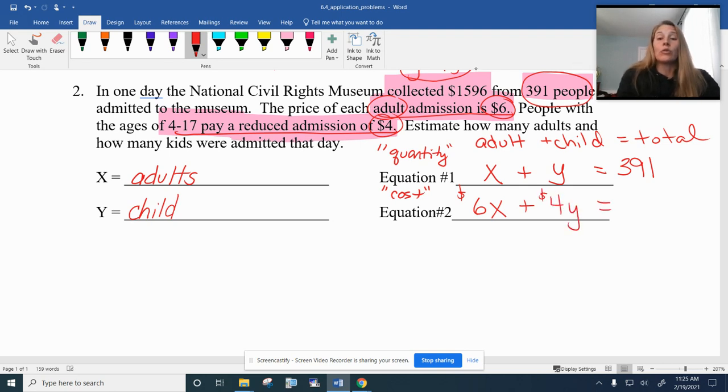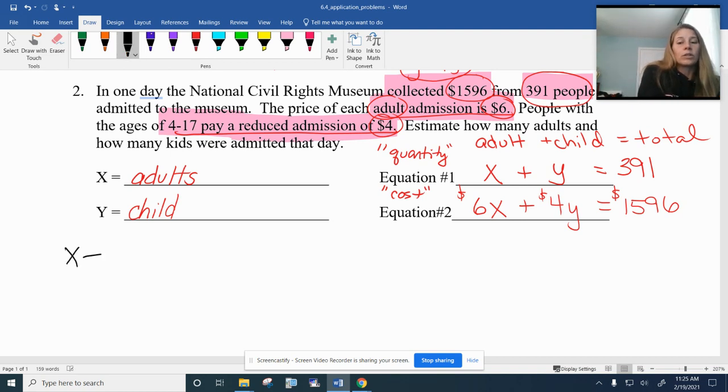And that's going to equal the total money collected because it has the dollar sign, so $1,596. So just make sure that the three numbers that have the dollar signs are all going to go together in that same equation. And then the number without the dollar sign is going to go in your simple equation, which is just x plus y equals 391. All right, so now I'm going to recopy them over here just so I have a little bit of room to work with them.